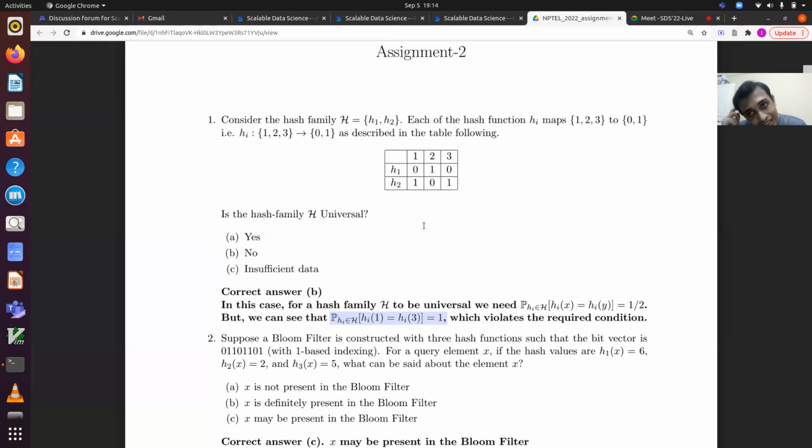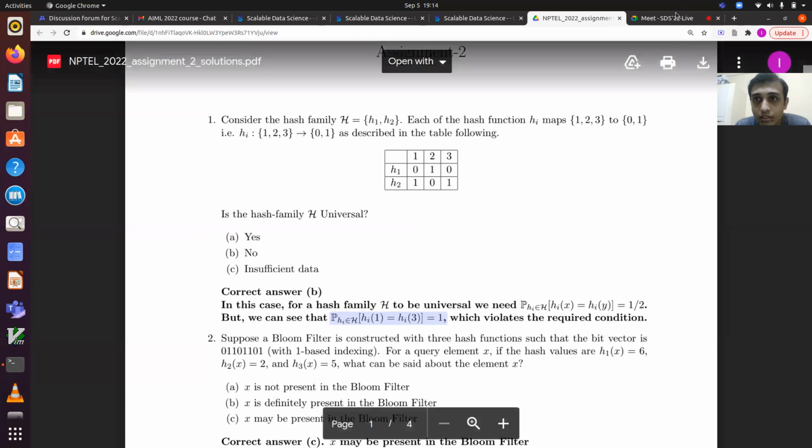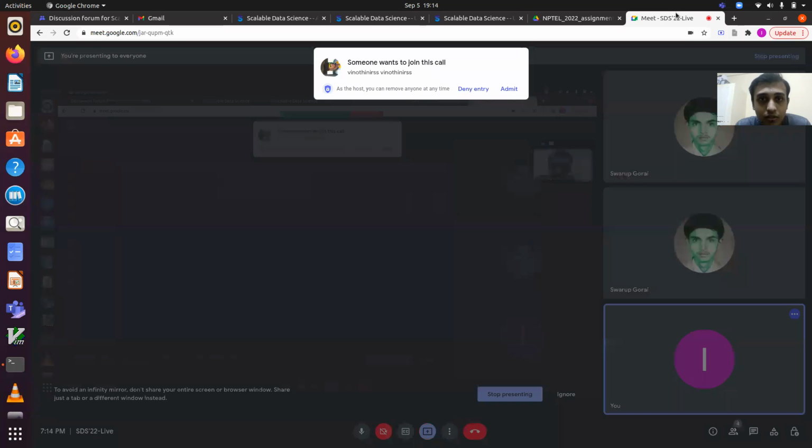Since there are only 2 positions, and there are 5 hash functions, there are 2 possibilities for each element.